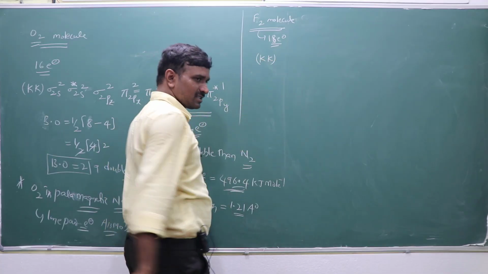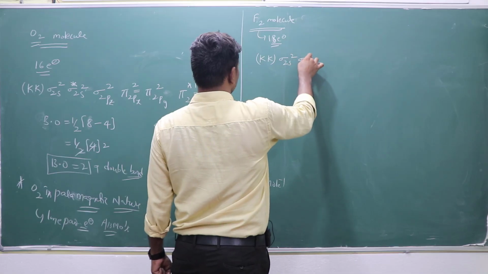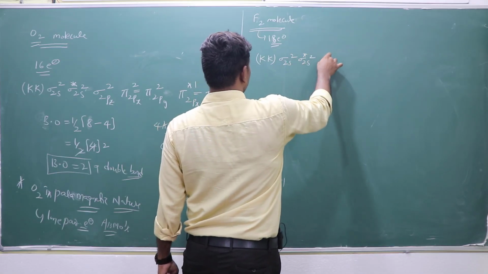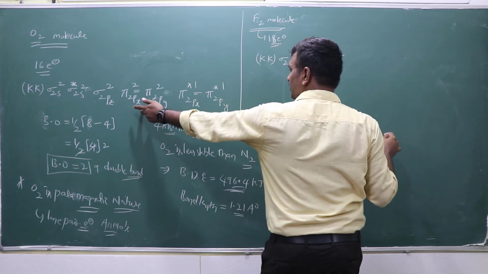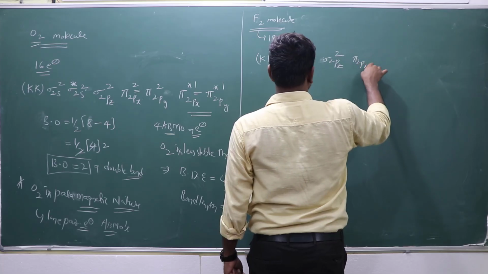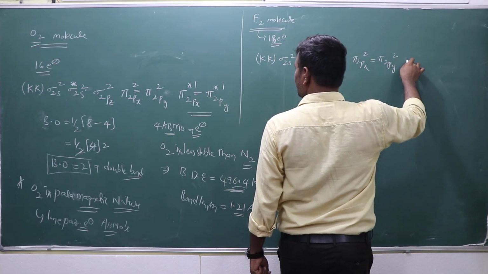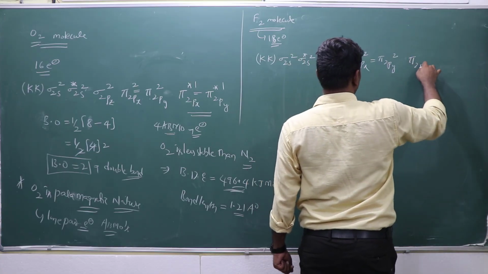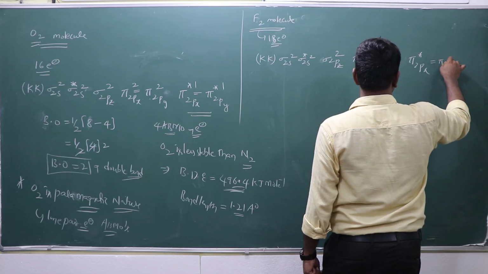The first 4 electrons are completed. So sigma 2s2, sigma star 2s2, then sigma 2pz2, the same as before. Then pi 2px2 and pi 2py2, then pi star 2px as well as pi star 2py.